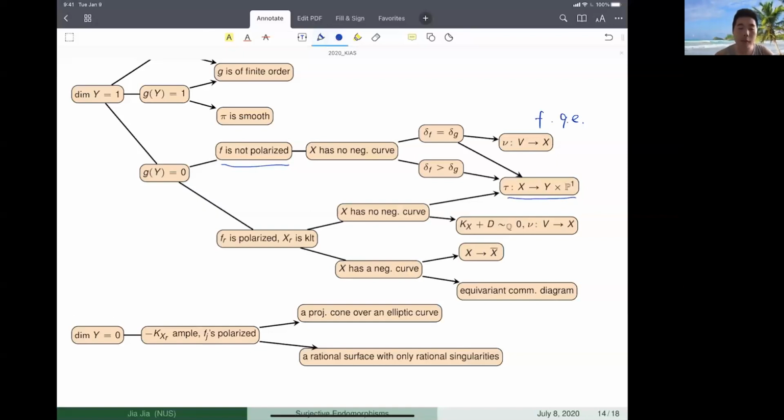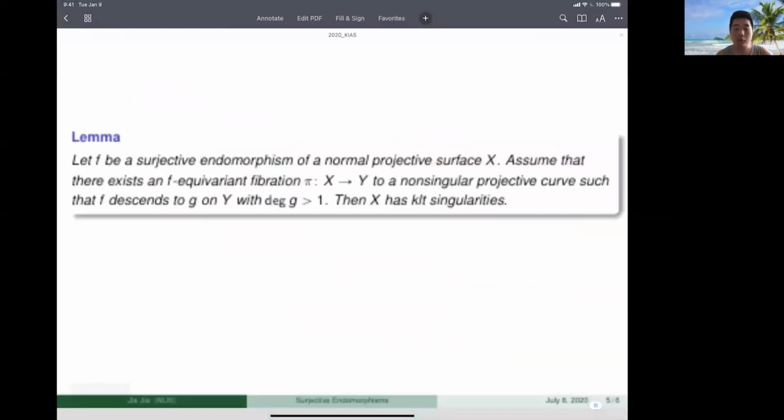Then we focus on the case F is polarized. In that case, we can show this X has a KLT singularity. This is a general lemma which holds for a projective surface.